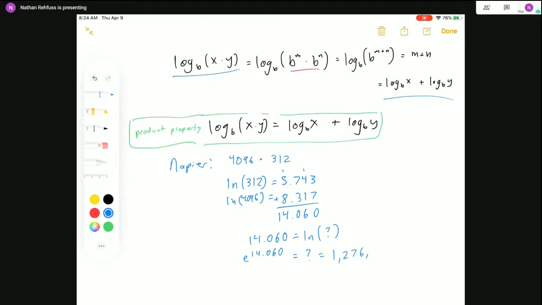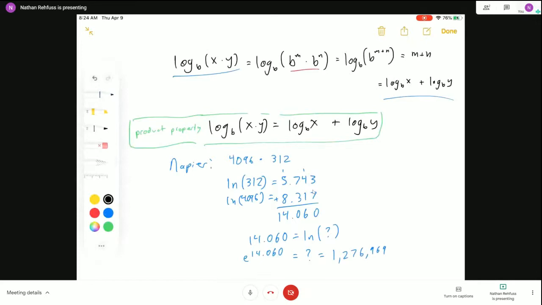And so Napier would say, I don't think that's exactly correct, but that's pretty close to the right answer. It's good enough for an estimate. We could have used more decimal places if we wanted to get closer.